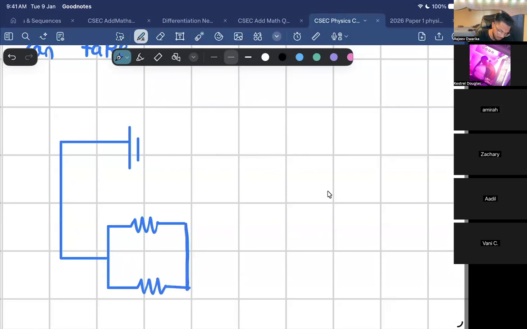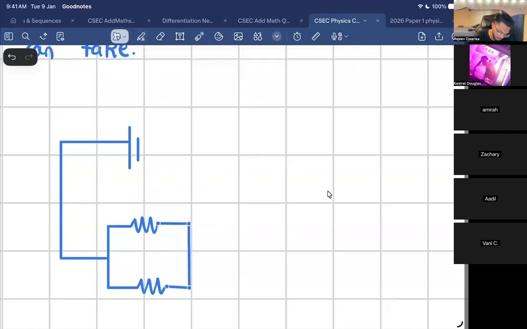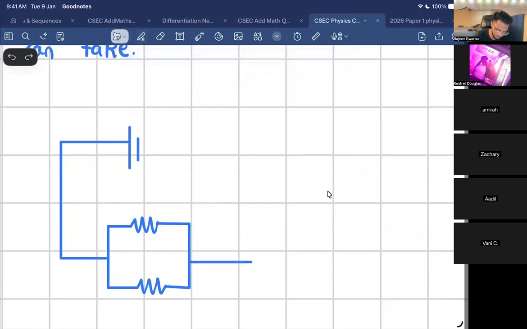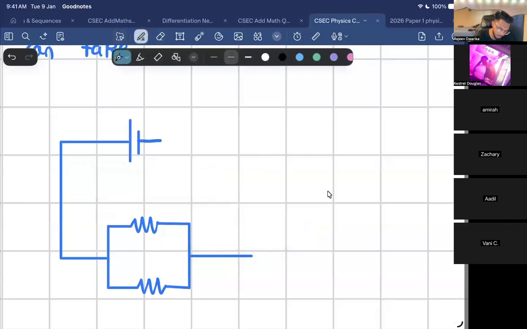Does this look like a series circuit or a parallel circuit? Parallel. Because when the current reaches the junction over here, what do you do, guys? It would split. So let me just call this R1 and let me just call this R2.